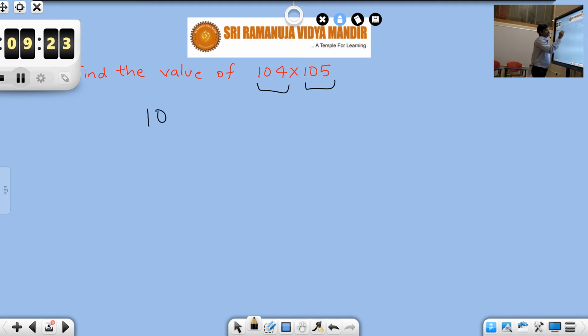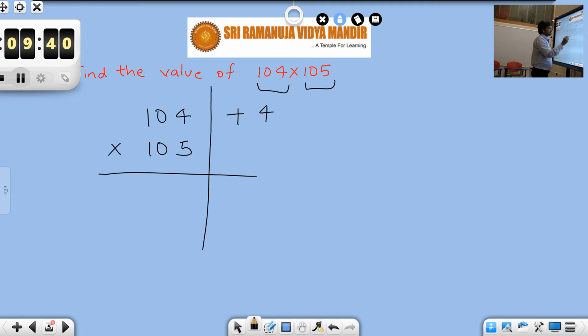So first of all, we need to find this product, right? Whenever the numbers are pretty close to 100, we will try to write the differences from 100. This is plus 4 and this is plus 5.